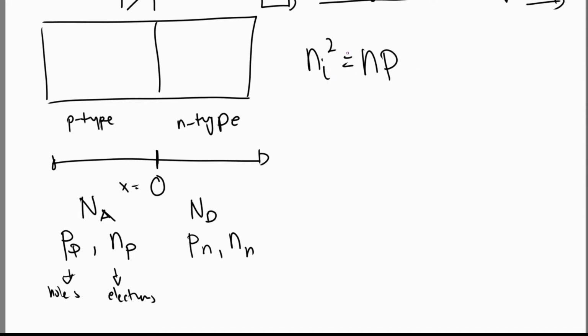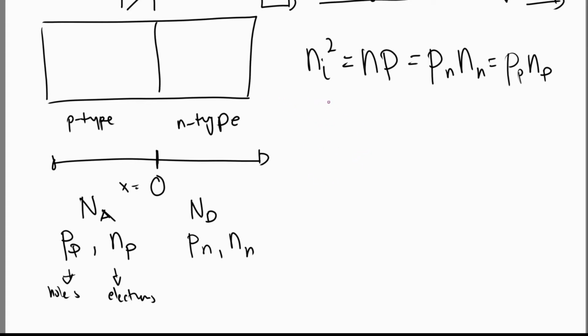So ni squared is equal to np, and since the P-type region and the N-type region here are the same material, we can then say that Pn Nn is equal to Pp Np, or the product of the concentrations of electrons and holes in the N-type region would be equal to the concentration of holes times electrons in the P-type region.